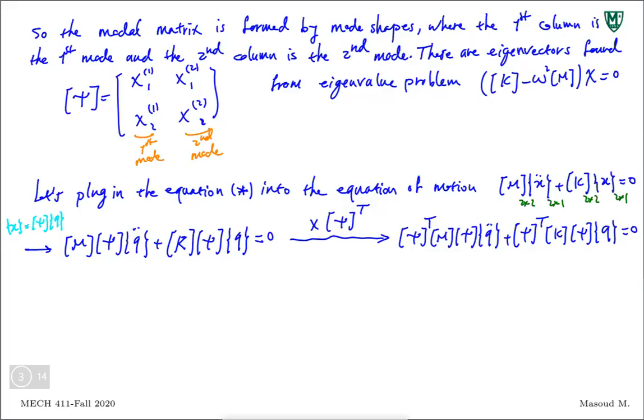So why did I do that? Why did I multiply it by psi transpose from the left? Well, if you do that, this one is important and this is important. The outcome of this is called the modal mass matrix, and this is the modal stiffness matrix.